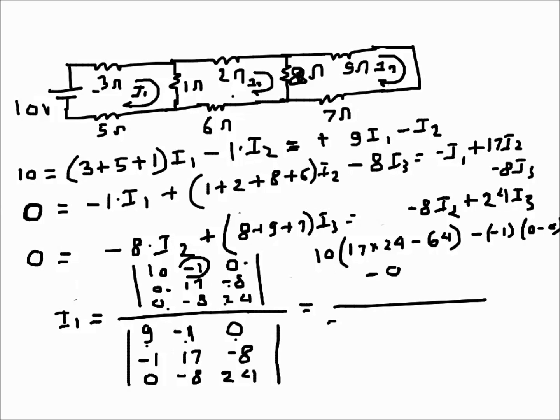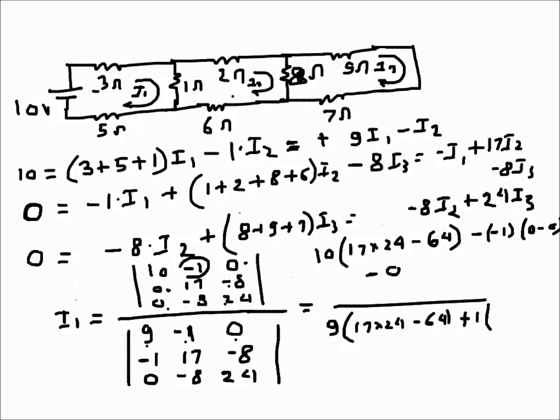Here the denominator is 9 times 17 into 24 minus 64. Then minus of minus 1 becomes plus 1.